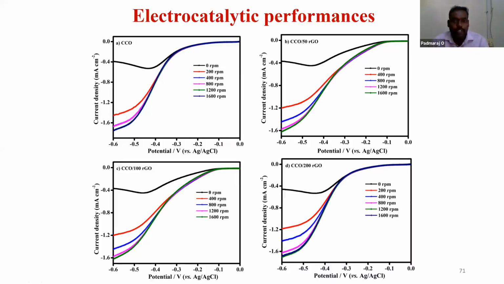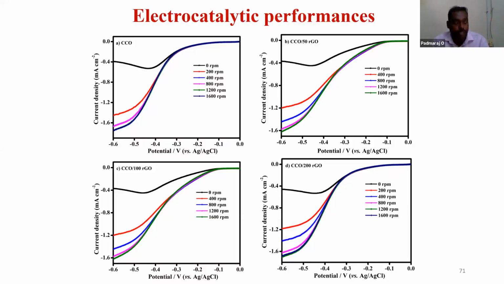This figure shows the oxygen reduction reaction polarization curves. The polarization curves were carried out in 0.1 molar KOH electrolyte solution, oxygen saturated, at different rotation speeds.